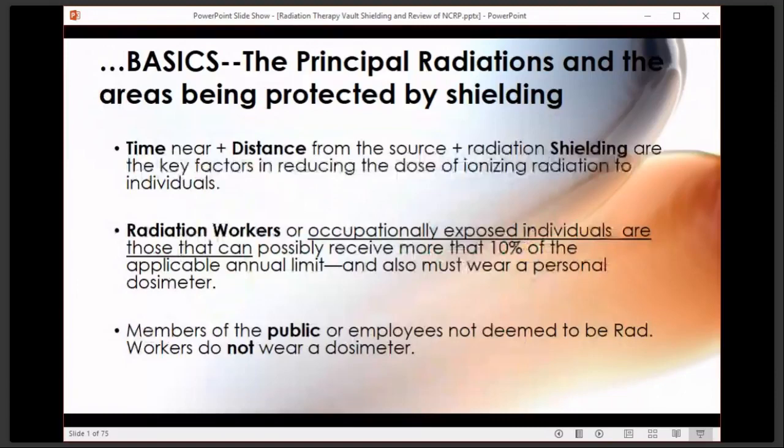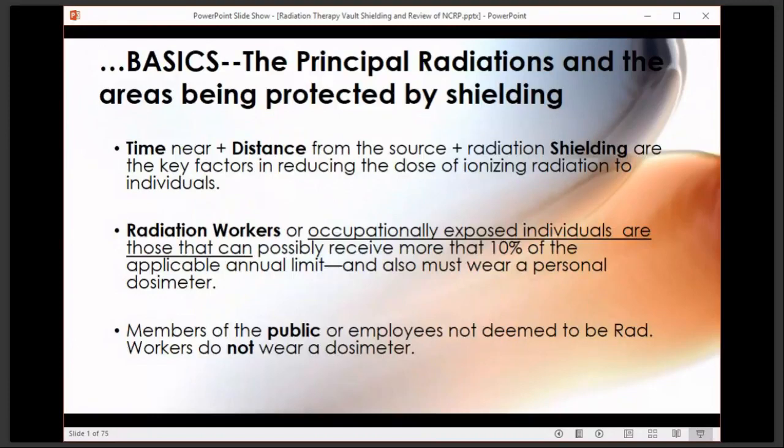As you all know by this point, the three critical factors for reducing radiation are time, distance away from the source, and radiation shielding. Radiation workers are those who are occupationally exposed and those who can possibly receive more than 10% of the applicable annual limit of radiation in a year.